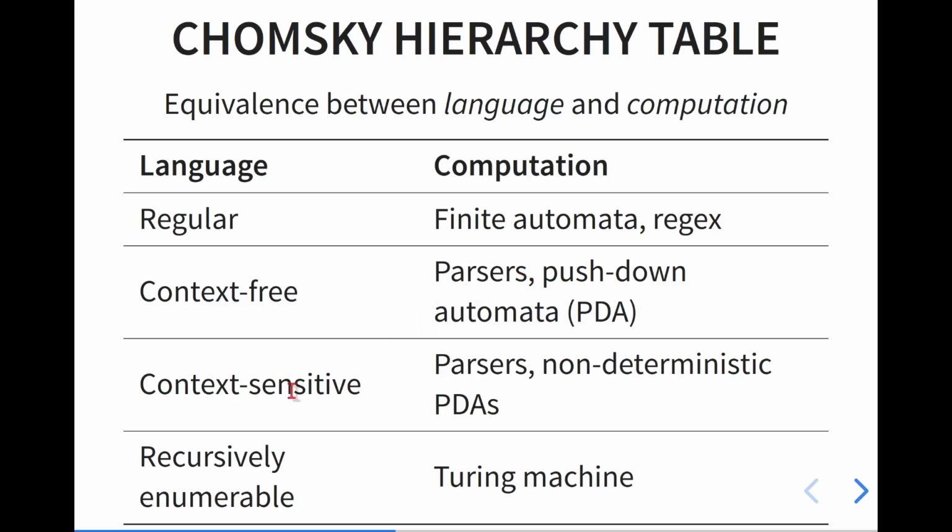Then there are context-sensitive languages, which correspond to non-deterministic pushdown automata. And then finally, at the highest level of expressivity are recursively enumerable languages, which correspond to Turing machines. We're not going to look much at the last two of these. The first two are used in the parser front ends.